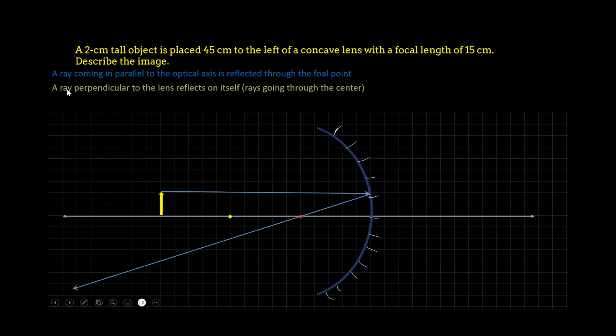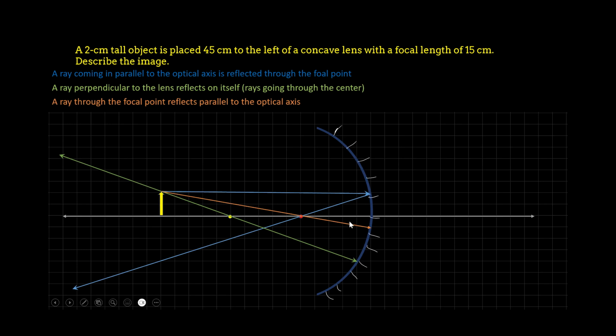The second one is perpendicular to the lens, which means going through the center, it comes back up on itself. And then the third one going through the focal point, that red dot, coming out parallel. So they all meet here. So the image is right here. It looks like it's 1 unit. It's inverted.